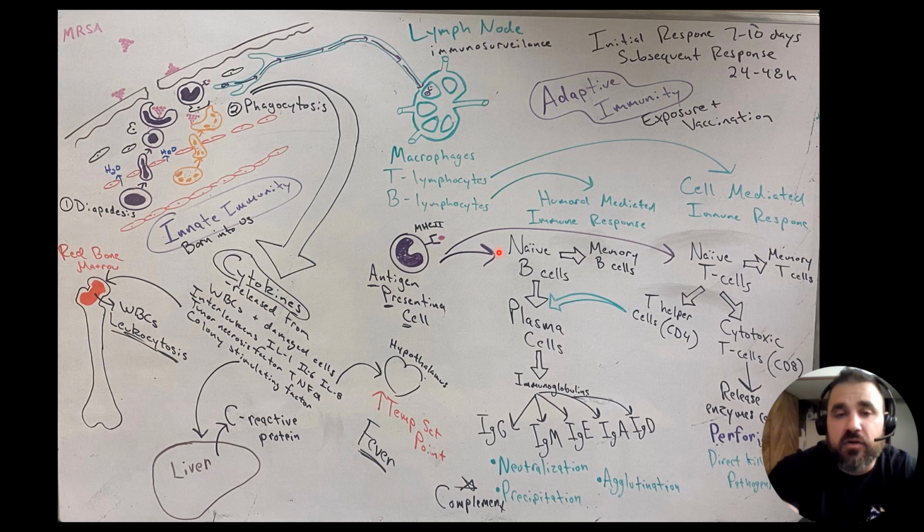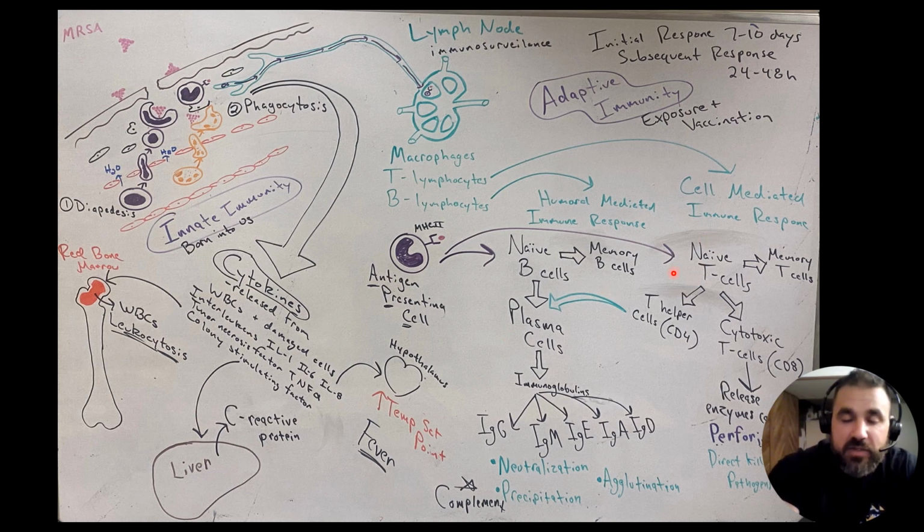So they get converted into things called plasma cells, and then plasma cells make a whole host of immunoglobulins or gamma globulins, whatever you want to call them. So they're proteins that go into your blood. IgG, IgM, IgE, IgA, IgD. So what these things do, they'll travel out into the blood, find the pathogen, and just attach themselves to it. We'll go into more detail about that in a second.